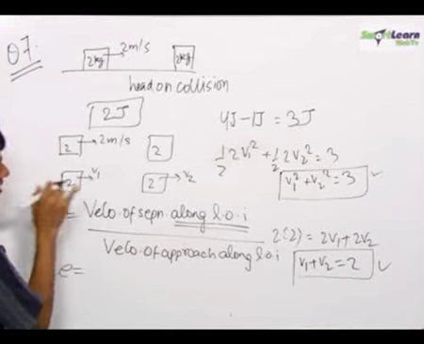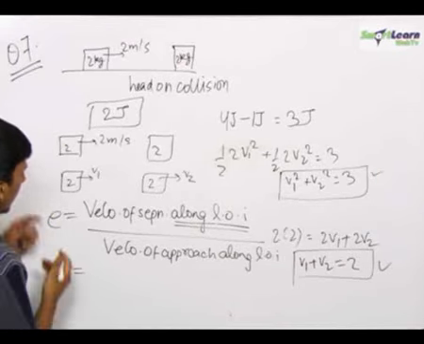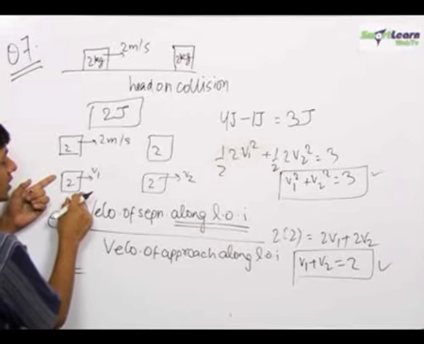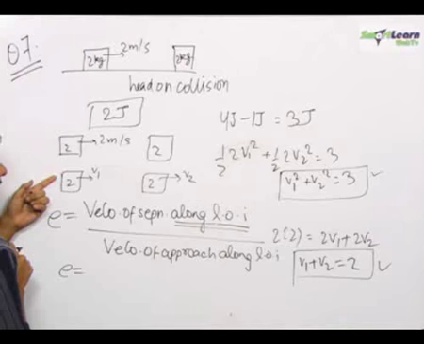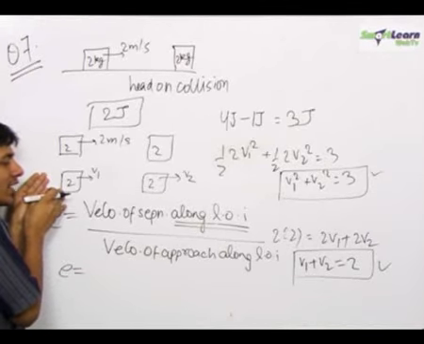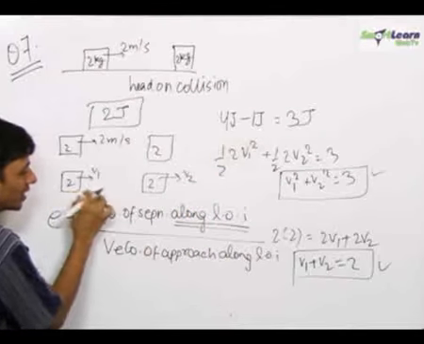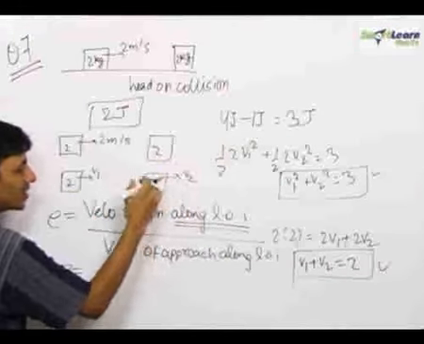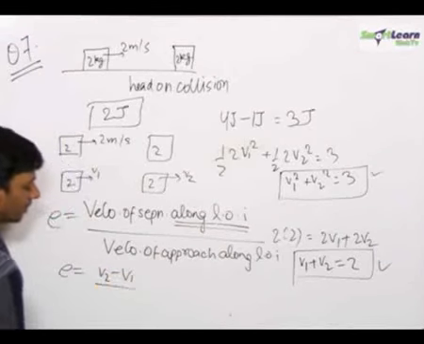There is an easy way to find velocity of separation: what is the relative velocity of the front object with respect to the backward object, that is, with what speed relative to the back object is the front object moving ahead. So with respect to this object, this one is separating with a speed of V2 minus V1.